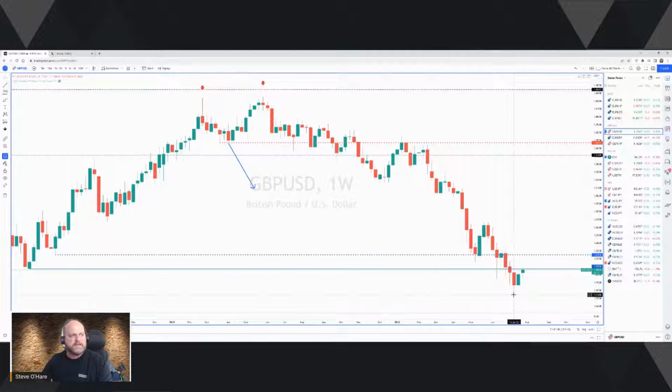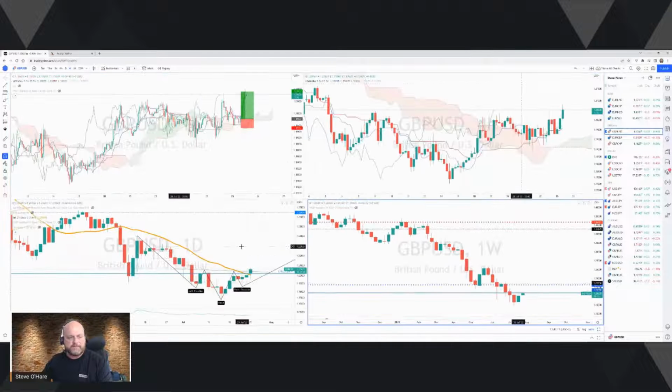Price action has been down to 117.60 over the last couple of weeks. We saw the market close around about the 120 figure level. And this week we've got off to a really nice positive start. So that's it. On the weekly chart, we're looking at maybe the signs of a short-term bottom in place.